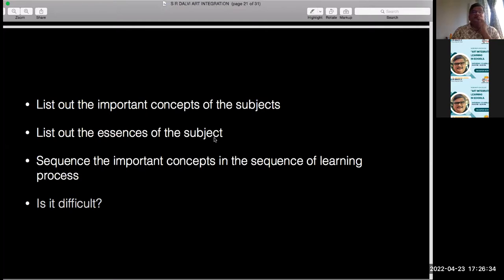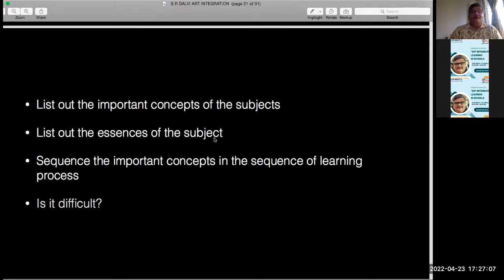Communication through language. Okay. Soumya ma'am is saying her subject is English. Concepts are reading, understanding sounds, grammar, writing, and the essence is communication through language.